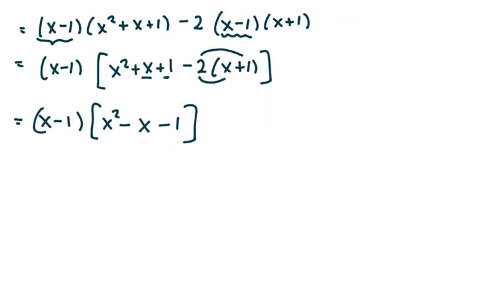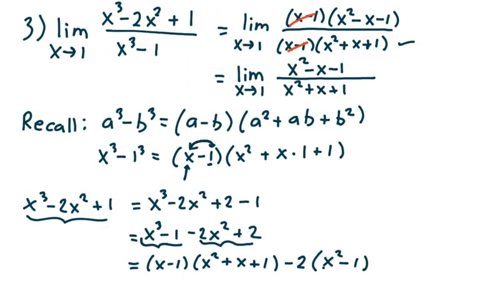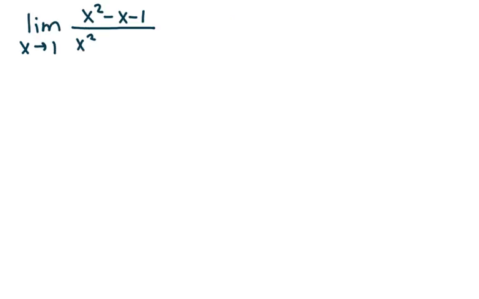And so the limit as x goes to 1 of x squared minus x minus 1 divided by x squared, and we can remind ourselves, plus x plus 1, we get 1 minus 1 minus 1 divided by 1 plus 1 plus 1. And so this is negative 1/3.